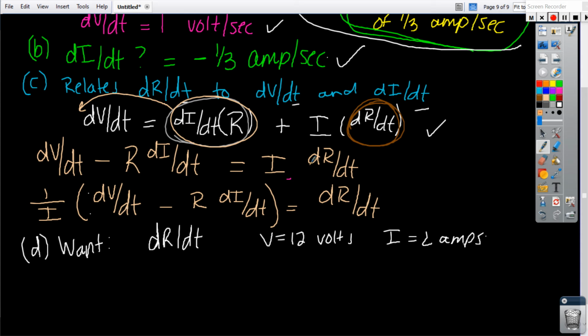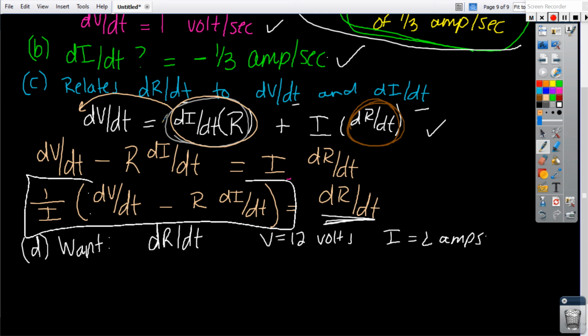Okay, so let's look. We have an equation for dr/dt, right? It's all right here. All this is now is a plug and chug kind of problem. All right, so I have I is 2, so 1 over 2 times dv/dt. Well, yep, I have dv/dt. That was part A. So that's 1 minus R. Do I have R anywhere in here?